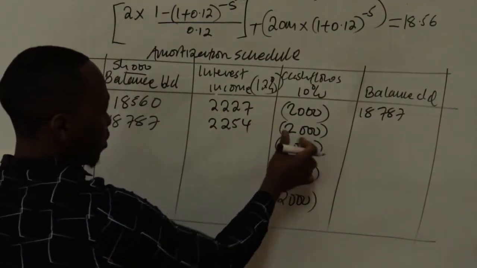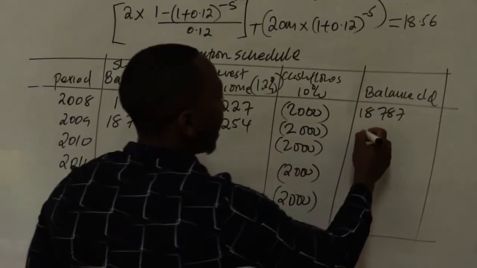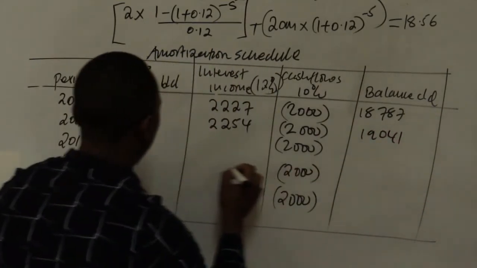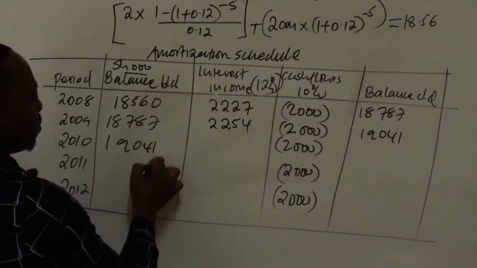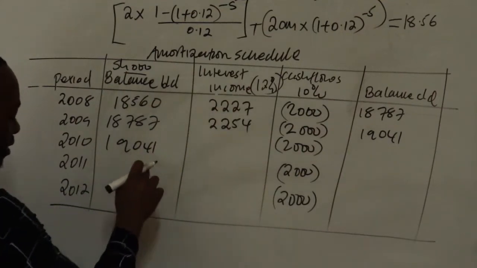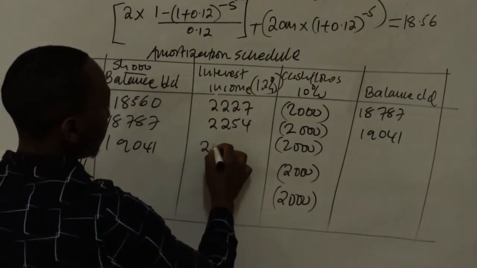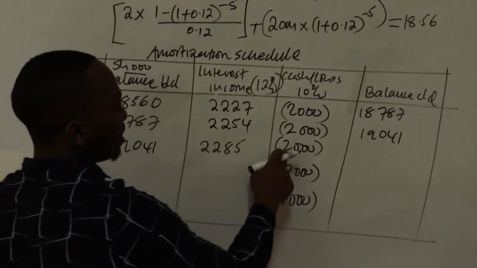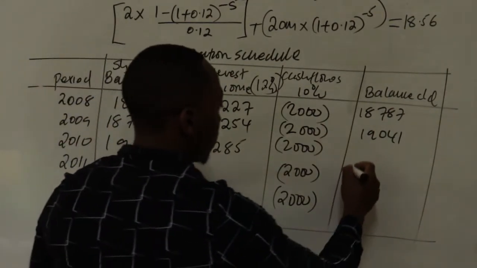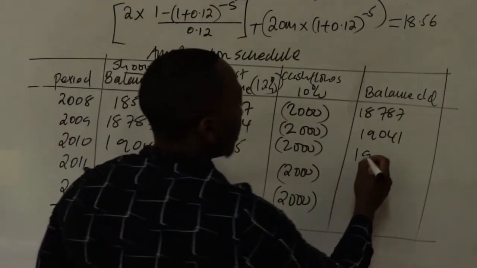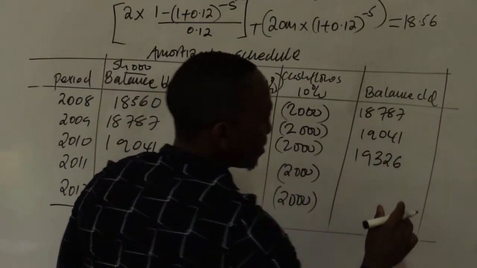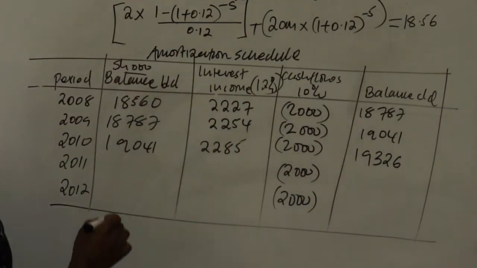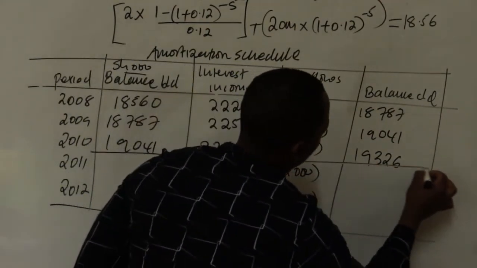That plus that minus 2,000, you'll have an amount of 19,041. 12% of this will be an amount of 2285. So you take 19,041, add that, deduct 2,000, and you have an amount of 19,326. That was the third year.